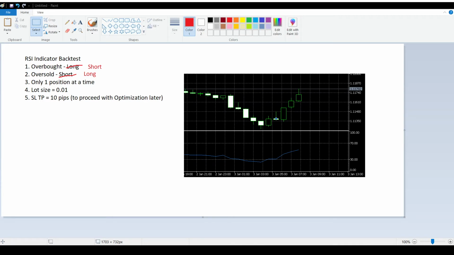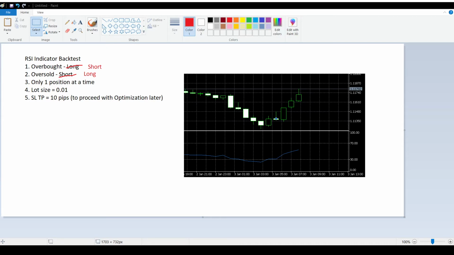So one of the very common strategies is to open short positions when the market is at the overbought situation, and also to open a long position when the market is in oversold conditions.